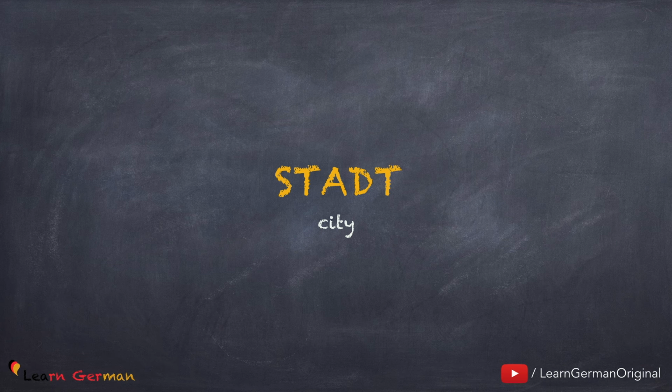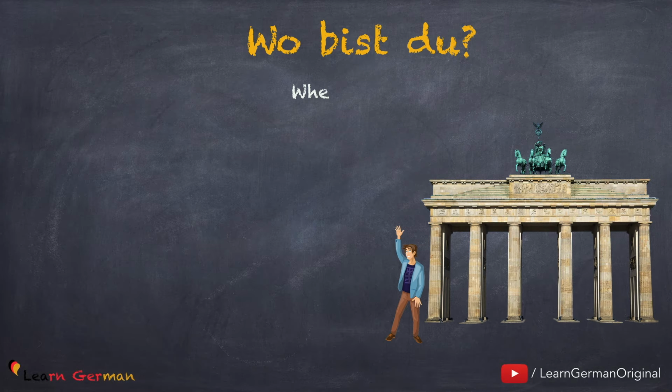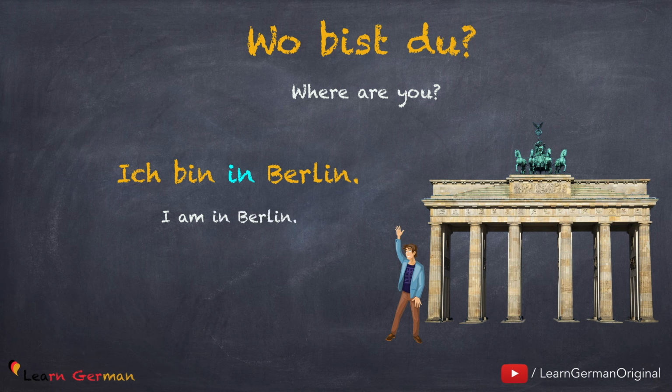One thing to remember here is the names of cities in German don't have articles. So here's the first one. Wo bist du? Do remember that the question with wo talks about the position. So the answer in this case would be Ich bin in Berlin.